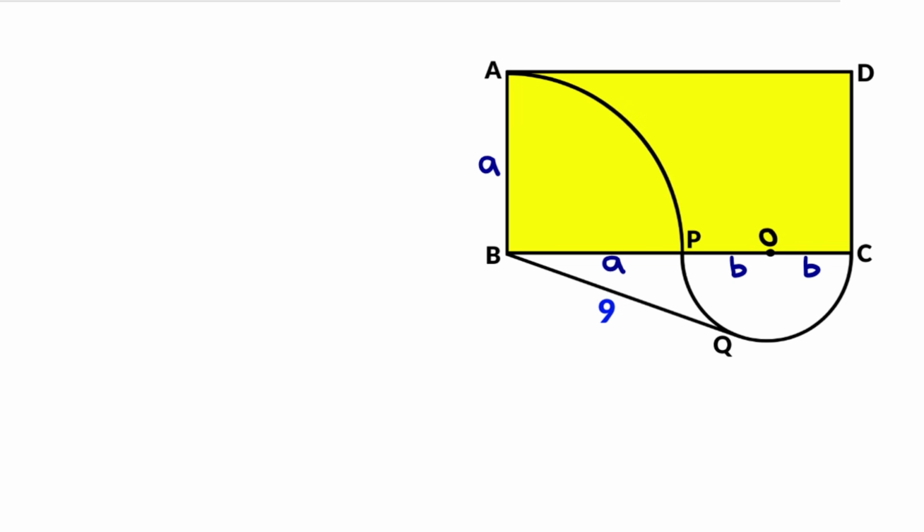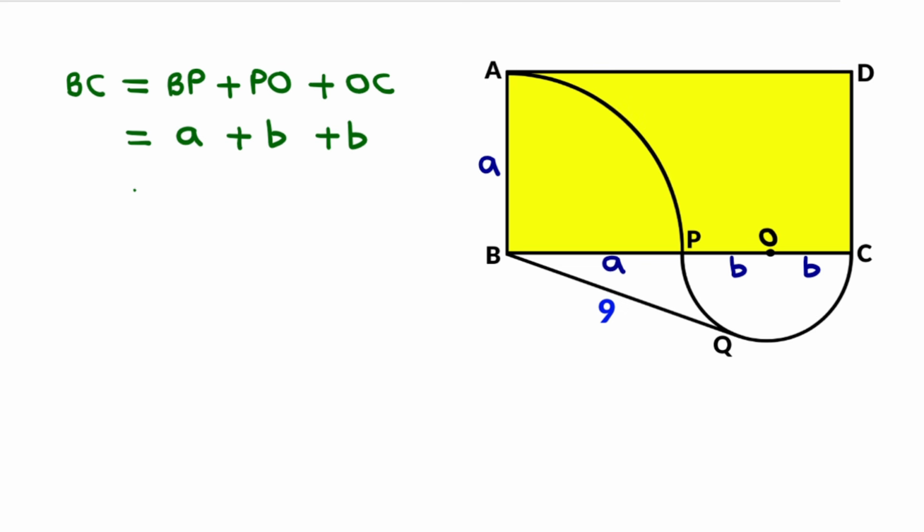Now look at the entire bottom side of the rectangle, BC. It is made up of 3 pieces, BP plus PO plus OC. So the total length is A plus B plus B, which simplifies to A plus 2B.